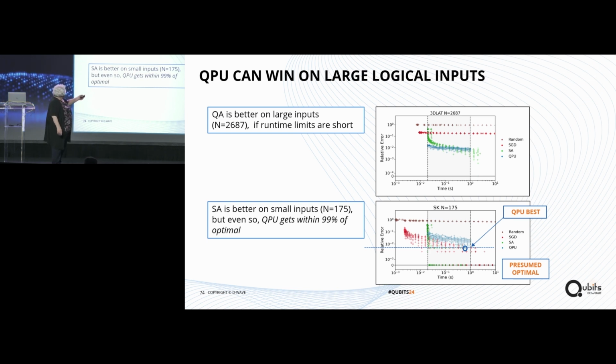And then the bottom one here is a fully connected graph, 175 nodes. That's the most dense graph we can fit on a QPU. And you can see on this relatively small problem, both the greedy red and the simulated annealing in green are getting there faster because they're only working on a problem of size 175 variables.